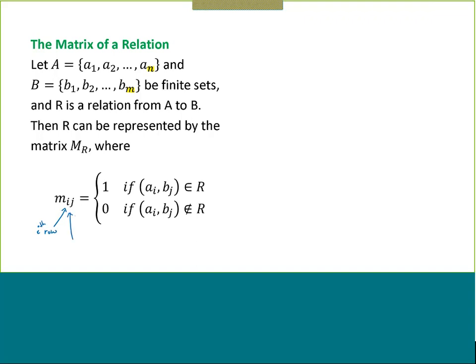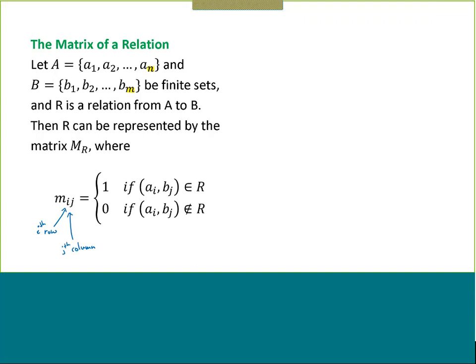And the second position here represents the column, so that j would be the jth column. Okay. Now, notice the only two numbers that could be in any position of this matrix. It can either have a 1 or a 0. So this is what's known as a Boolean matrix. A Boolean matrix only has its entries as 1 and 0.